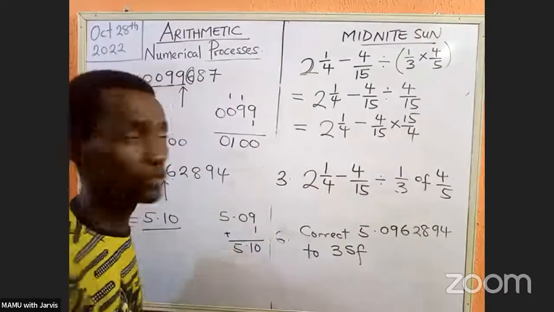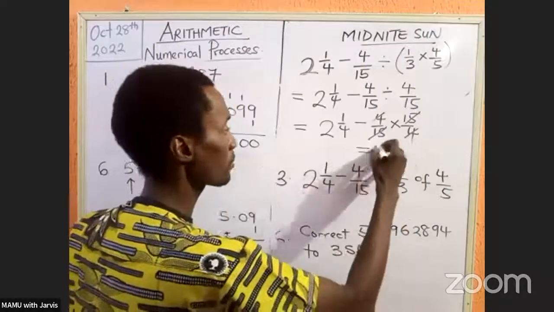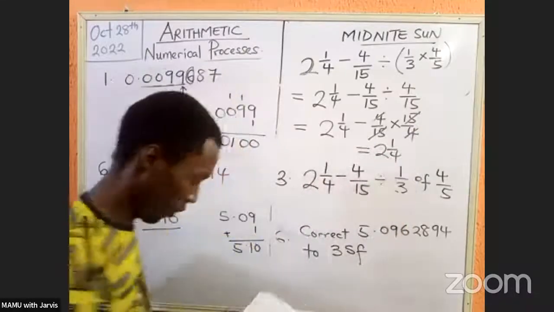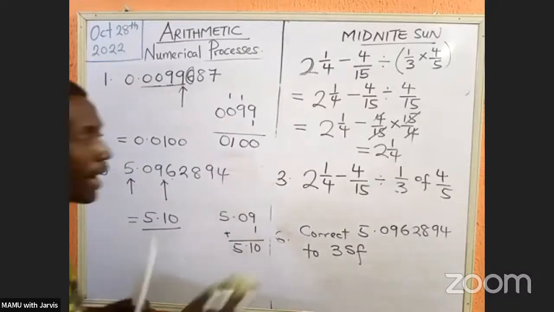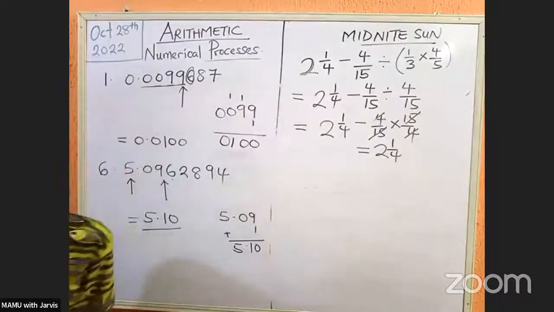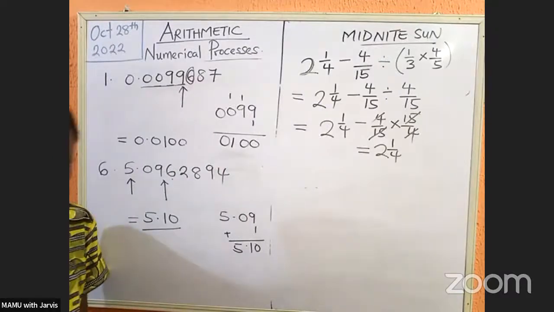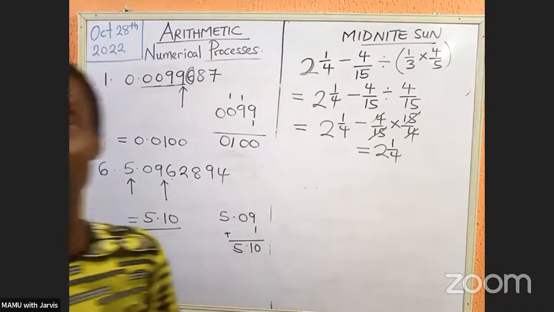Is that okay? So this will cancel this, and my answer will simply be 2 1/4. If I've done that correctly, my answer will be 2 1/4.